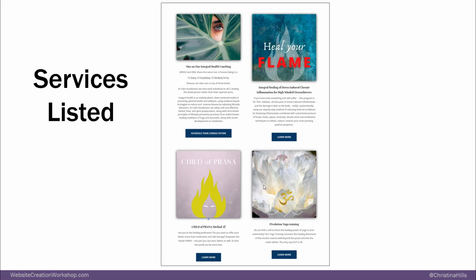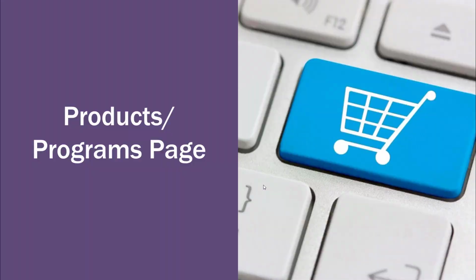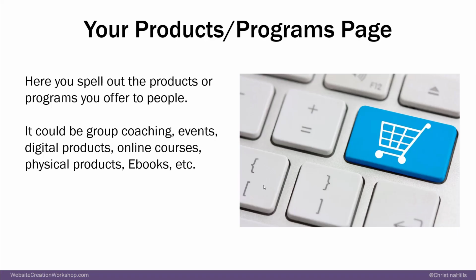Now, you don't have to be offering services. I know many writers don't have services. You might have a products or programs page, and if you're an author, this might be called your books page. It's where you spell out the products or programs you offer people. I think of a product as something you're either shipping in the mail, or maybe it's a home study course, or a PDF.